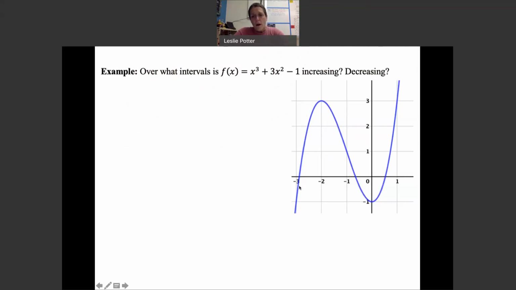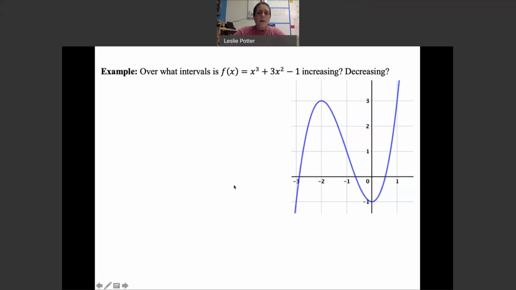So a quick graph here, we can see it's increasing in this interval from -infinity to -2. We can see it's decreasing from -2 to 0, right? I'm reading these values, -2 to 0. And we can see it's increasing again from 0 out to positive infinity. So from -infinity to -2, increasing, decreasing here, increasing here.